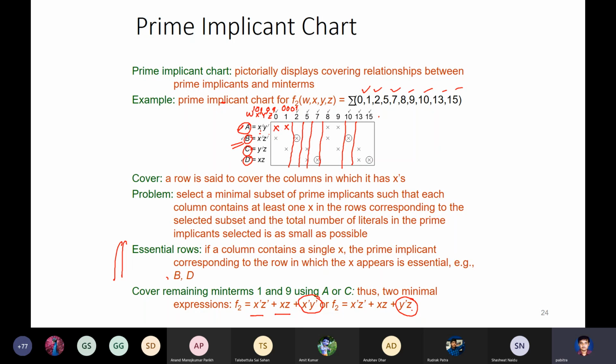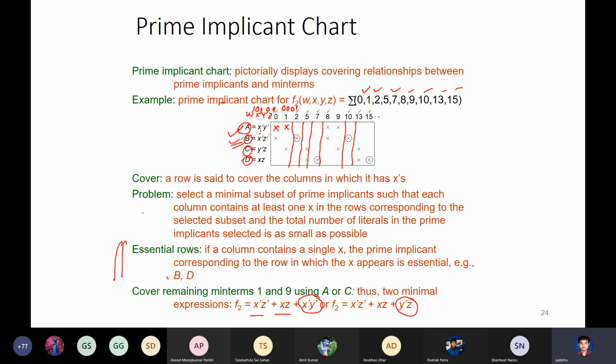So see, the whole idea is in this prime implicant chart. In this prime implicant chart, you have to choose the minimum number of rows which covers all the columns using these crosses.